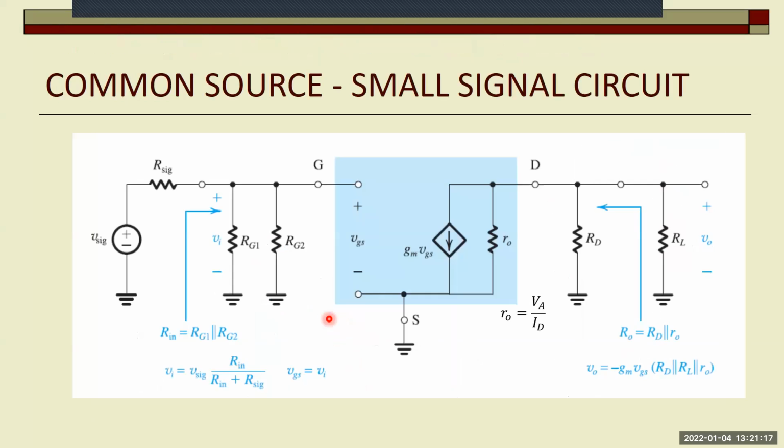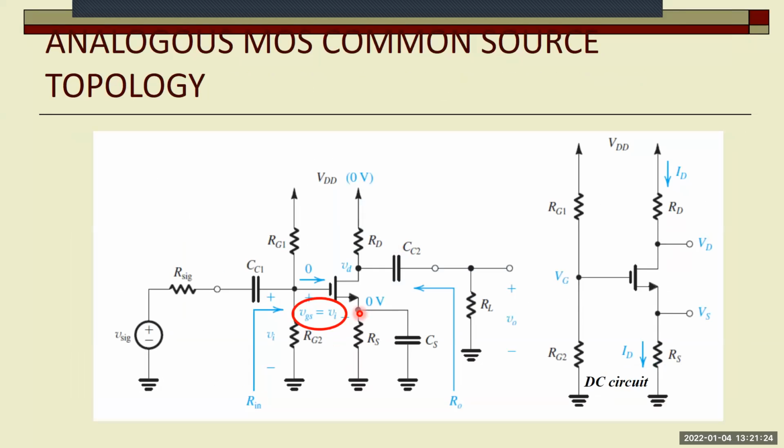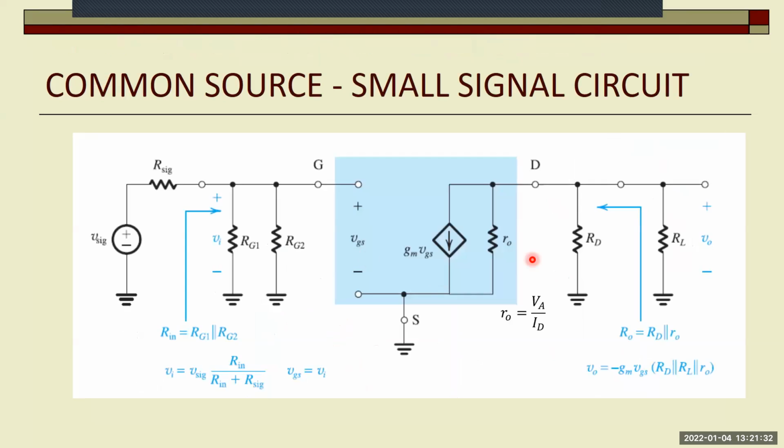Let's put the equivalent circuit in here. So let's go back. So these will come in parallel. RD will come in parallel with RL. That's what it is. They come in parallel, and here we have VGS. The source is grounded, so VGS is the input voltage.